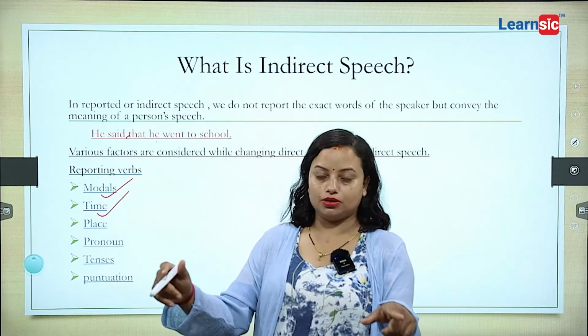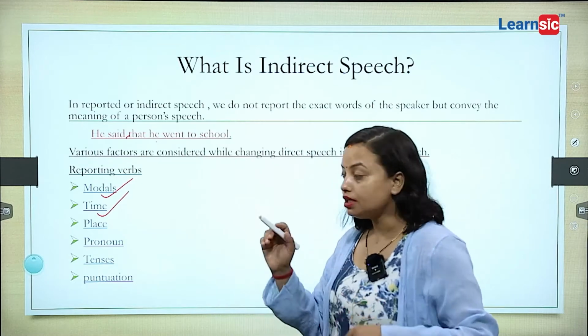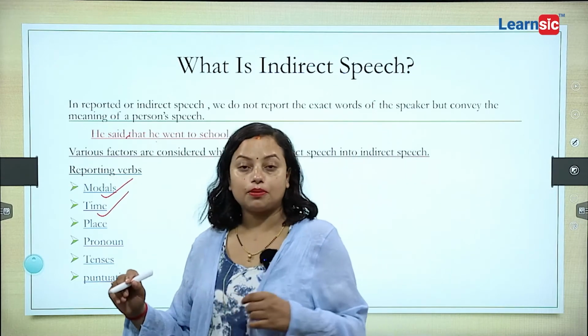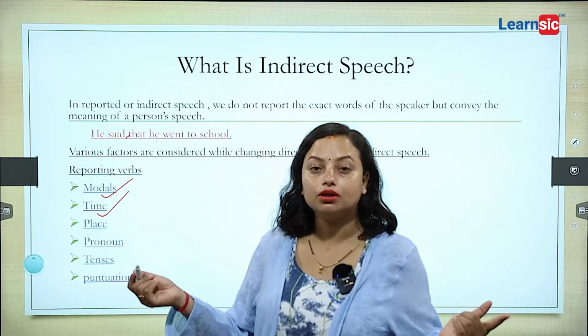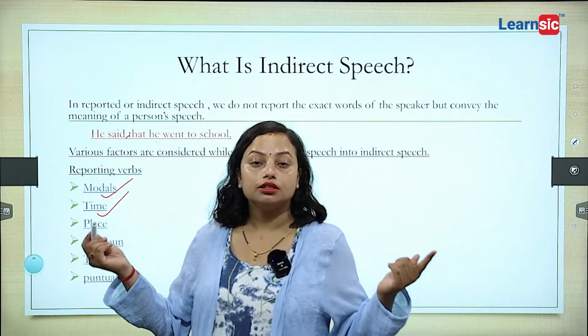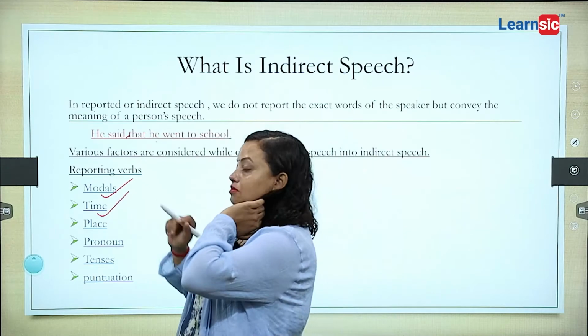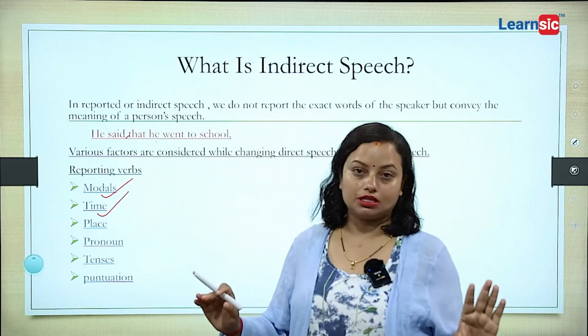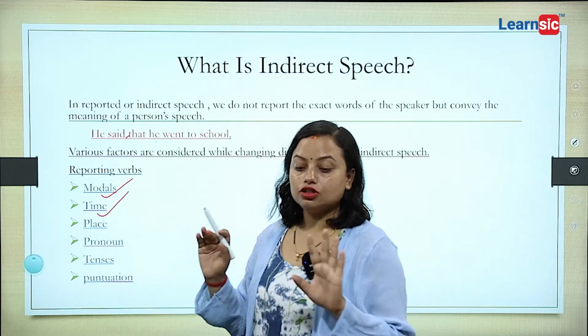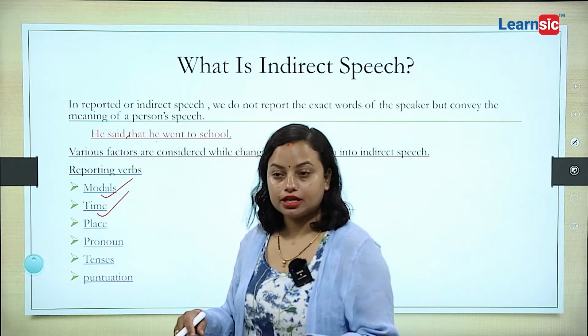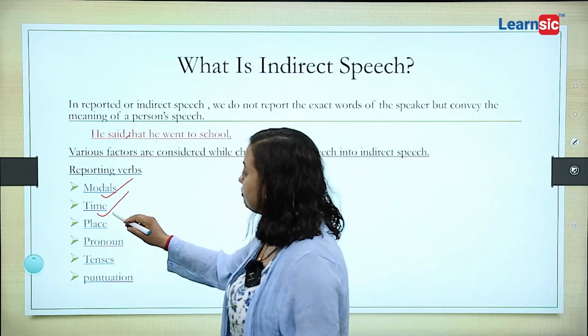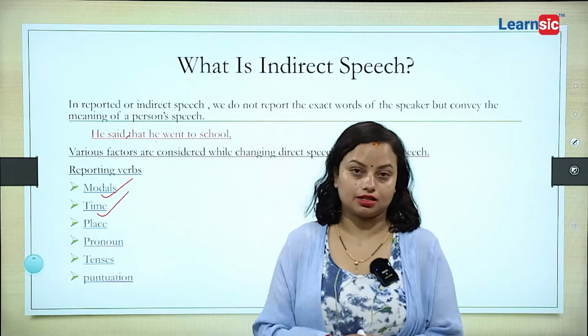If there is tomorrow, then probably that is adverbial, isn't it? So अब time छ भने whatever the time is, either tomorrow or either yesterday, okay, if it is time, we have to change that.